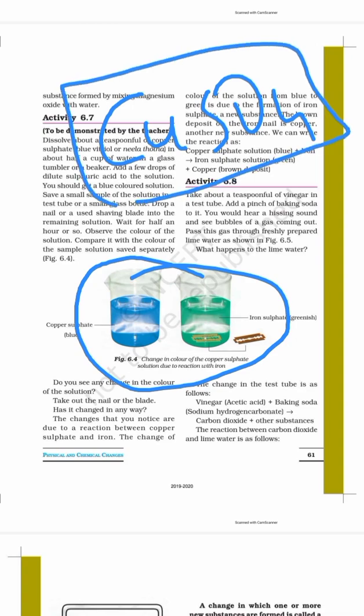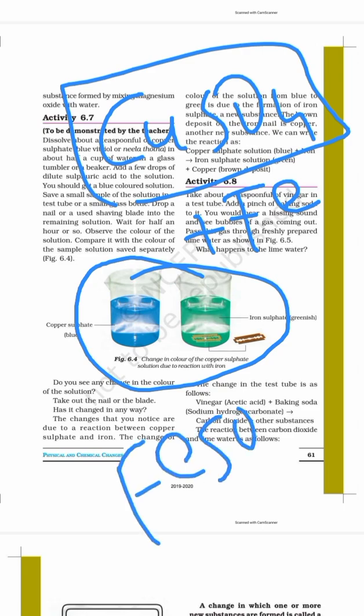All that you will come to know. Here you just have to learn it. Copper sulfate means CuSO4. When it reacts with iron, Fe, what will happen? And when ferrous sulfate reacts with, okay?